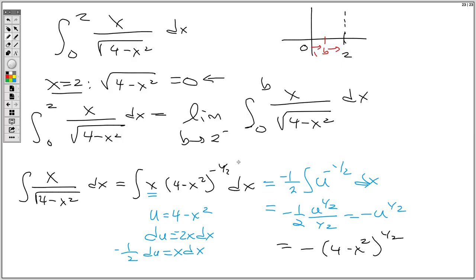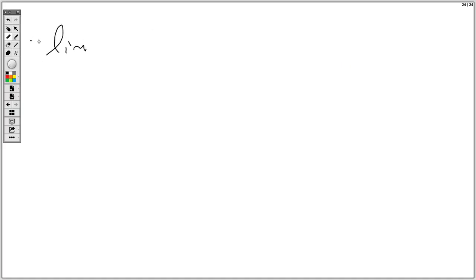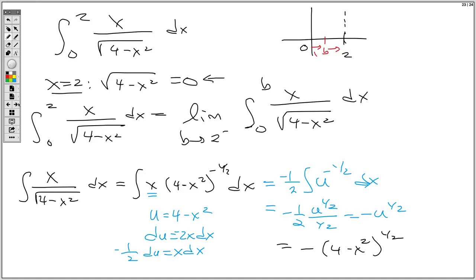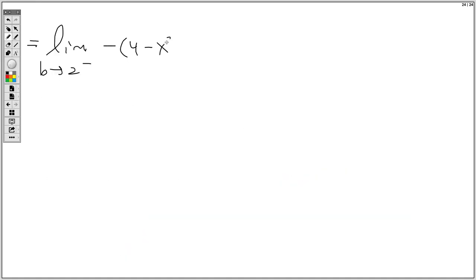Now notice what happened here: we had a negative exponent in the integrand, which was what was causing the 0 in the denominator, which was giving us that discontinuity. But we integrated it out, and now we have a positive power. And so zeros in the numerator are going to be fine. So we're looking at the limit now as b goes to 2 from the left of negative 4 minus x squared to the 1/2 power from x equals 0 to x equals b.